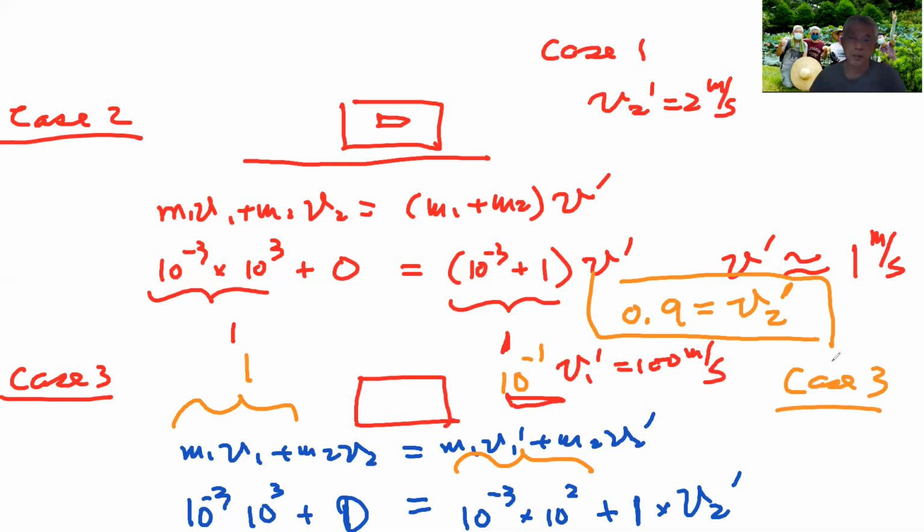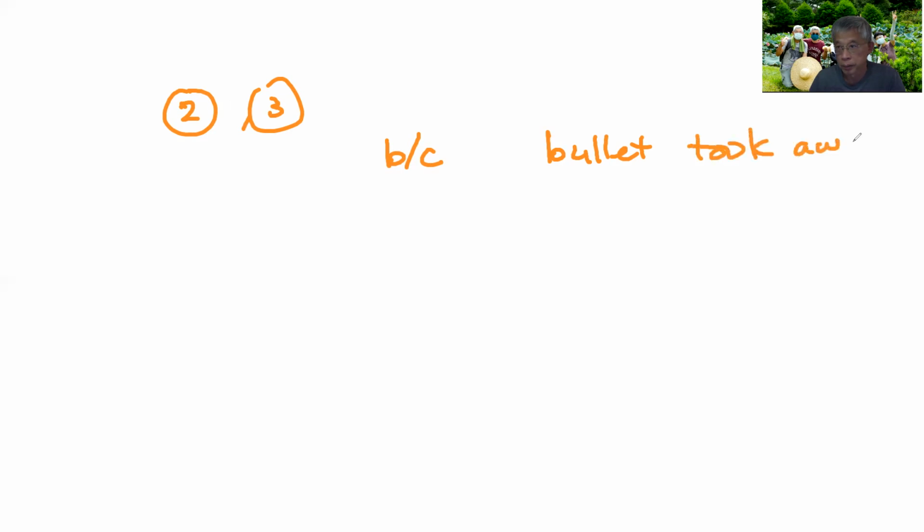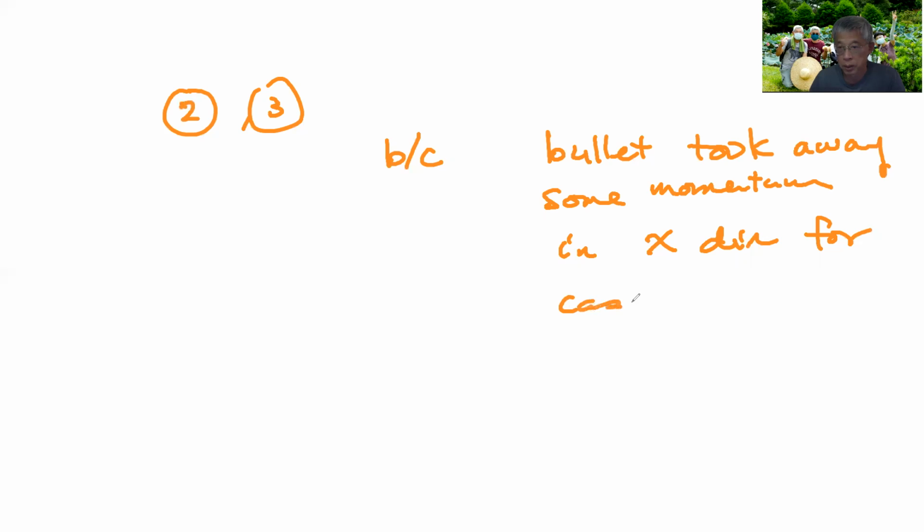Okay, all right, so let's analyze this a little bit. For the 3 cases, you can see the 2 and 3. Because if you analyze it, the bullet basically took away some momentum in the x direction for case 3.